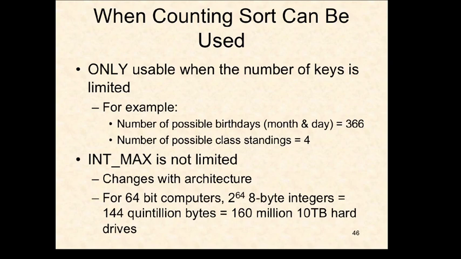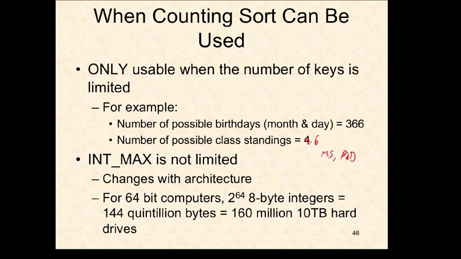Now, when can we use this? We can only use this when the number of keys is limited. For example, if I was going to count the number of class standings, there are 4: first-year students, sophomore, junior, senior. Or maybe 6 if I include master's students and PhD students.